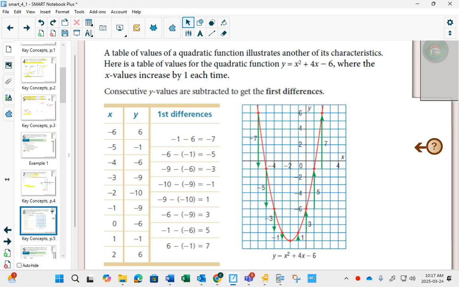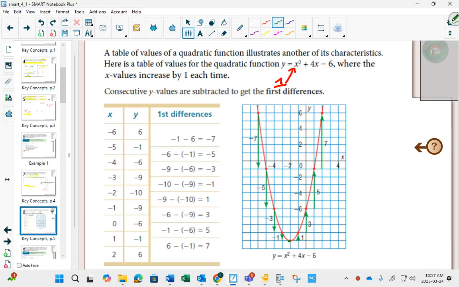If the number in front of your x squared is a 1, you have 1x squared. First of all, because it's positive 1, this is opening up. And if it is a positive 1, you will always have the following pattern.